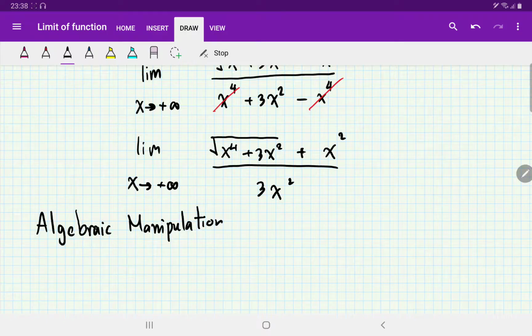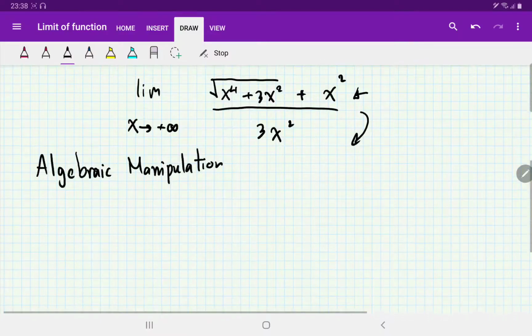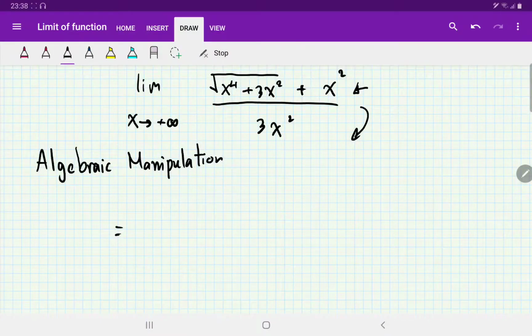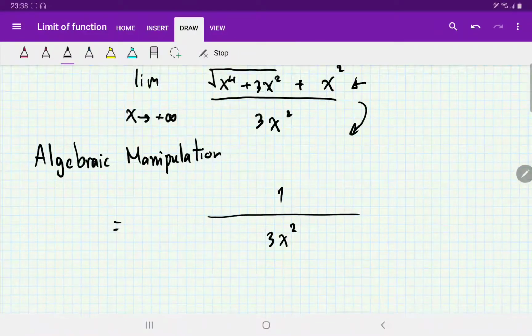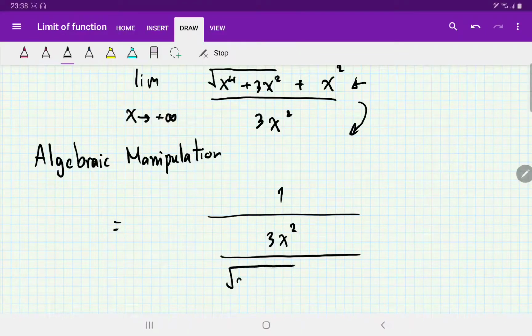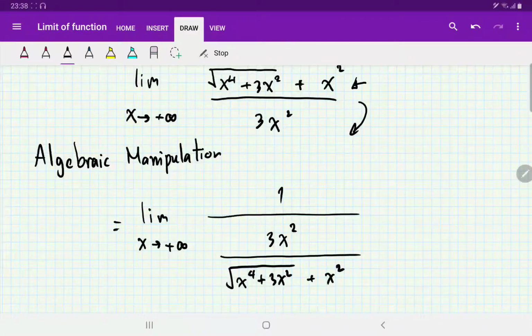I have to move the numerator into the denominator here, and this means that I have 1 over 3x squared, times the square root of x power 4 plus 3x squared plus x squared again. And I have to take the limit as x approaches plus infinity again. Look at the denominator, look at the bottom factor.